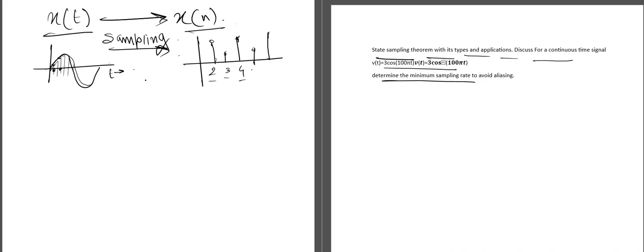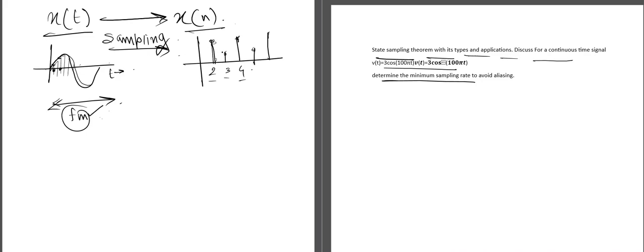Now what does the sampling theorem state? The sampling theorem states that if any signal is band limited to fm... What do we mean by the term band limited? Suppose this is a particular frequency band for this signal. Suppose this is fm. So the sampling theorem states that any signal which is band limited to fm can be reconstructed from its samples.